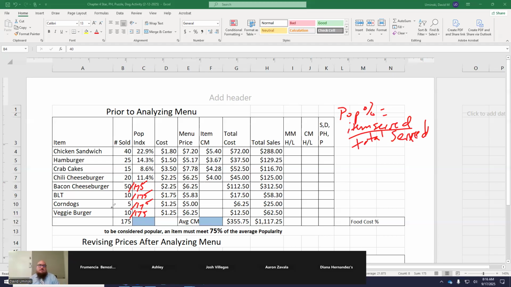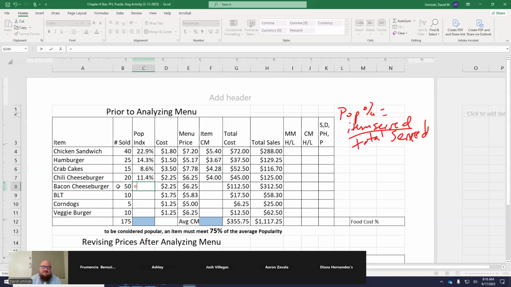As we do this, I'm going to erase these 175s so we have a lot of space. If I do 50 divided by 175, you get 28.6%. Remember, it's okay to have one decimal place. We don't want to round this up to 29. We want to have at least one decimal place. So what is 10 divided by 175?